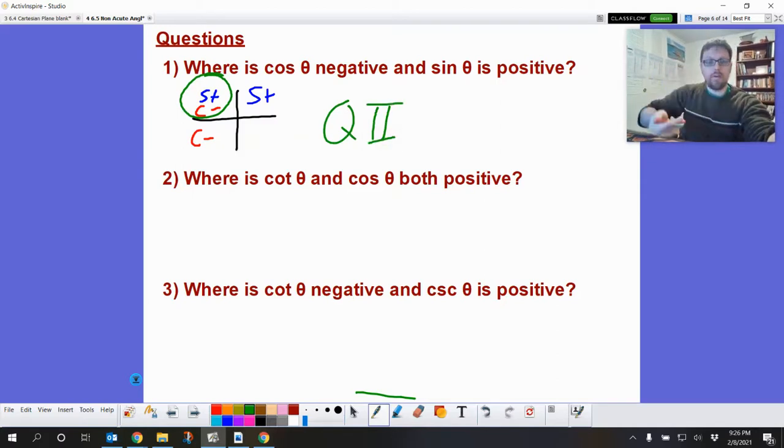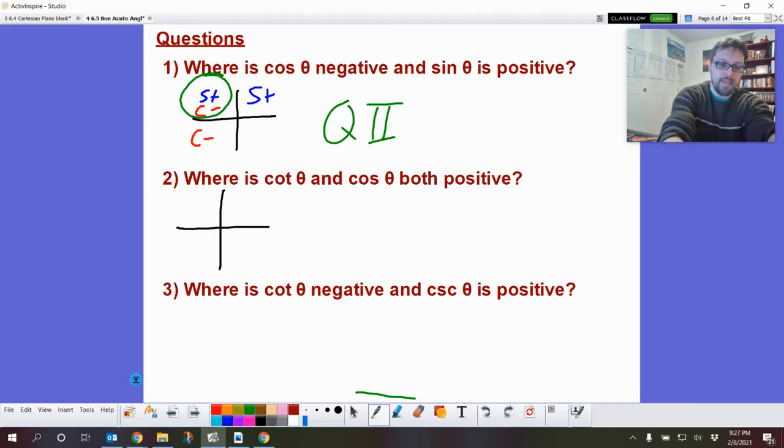Neat. Where is cotangent and cosine both positive? So cotangent is the reciprocal of tangent. And the reciprocal functions follow the same pattern that sine, cosine, and tangent do. So if you think about "all students take calculus," where is cosine going to be positive? Cosine is going to be positive in the first quadrant and the fourth quadrant, because they're all positive in the first one, and cosine is positive in the fourth one.